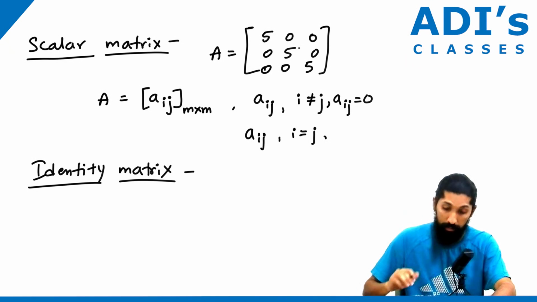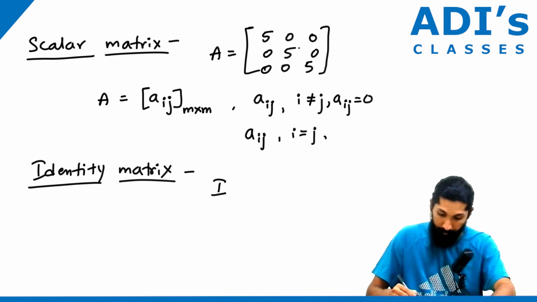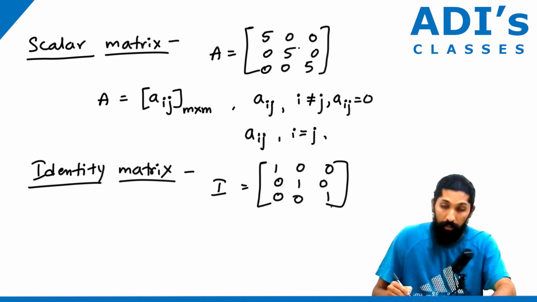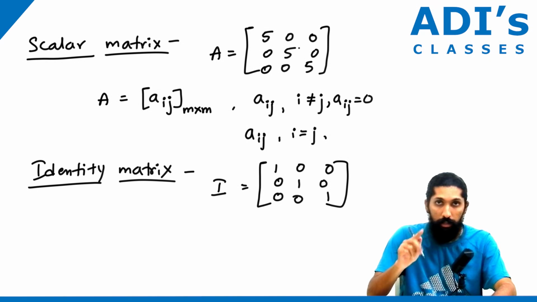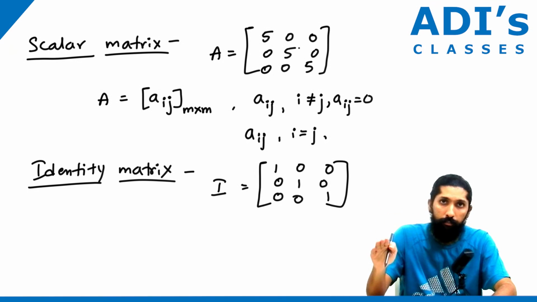An identity matrix is always represented by I. So 1 0 0, 0 1 0, 0 0 1. First thing, it's a scalar matrix. Second point is the value on the principal diagonal is 1.